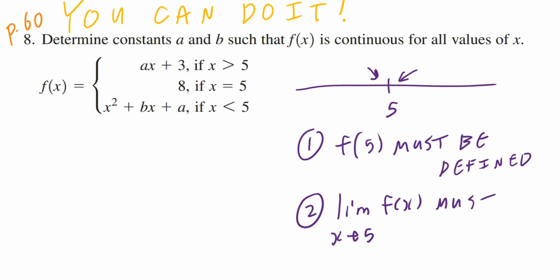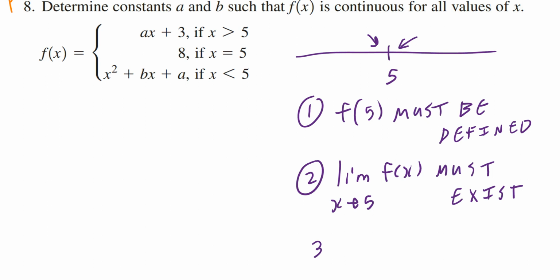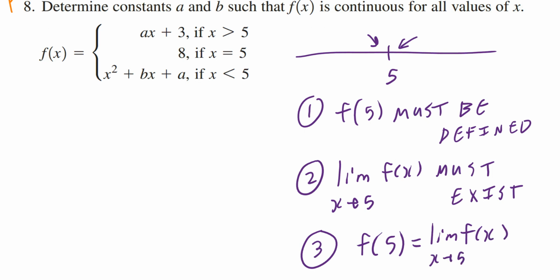And inside condition number 2, you can think about the left limit and the right limit being the same. And of course, the most important part is the third condition, which connects the first two conditions. So f of 5 equals the limit of the function as x is approaching 5, which equals some number L.